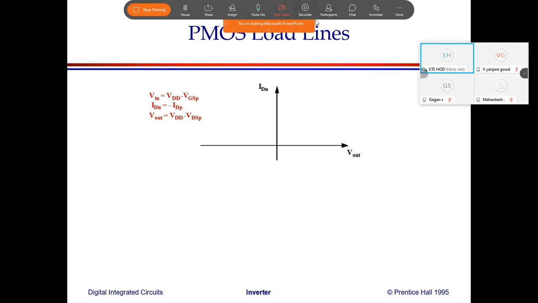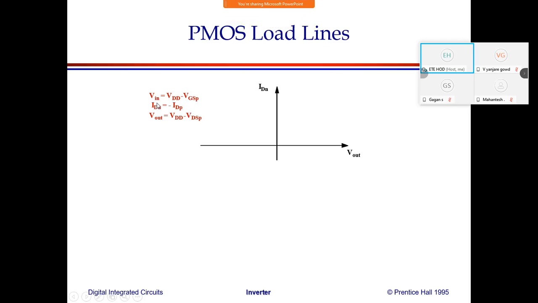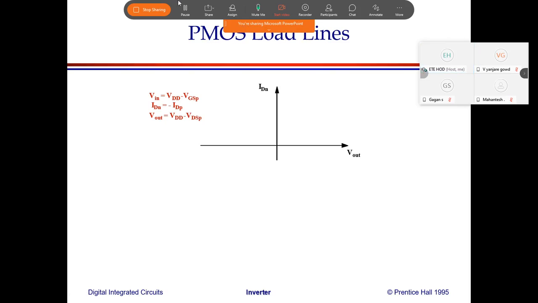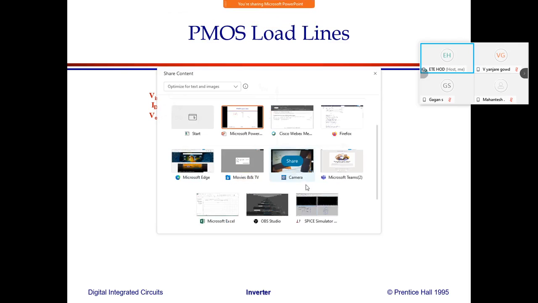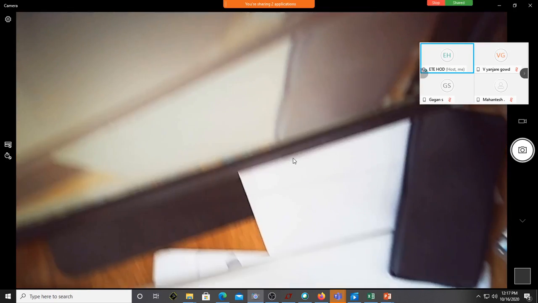Let us try to understand how they have written these two equations of V in and V out. Let me share my camera. How do I share the camera? Yes, it's here.